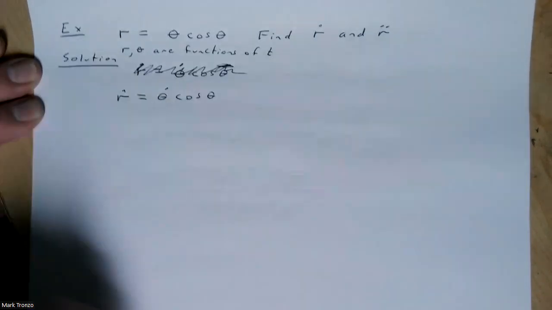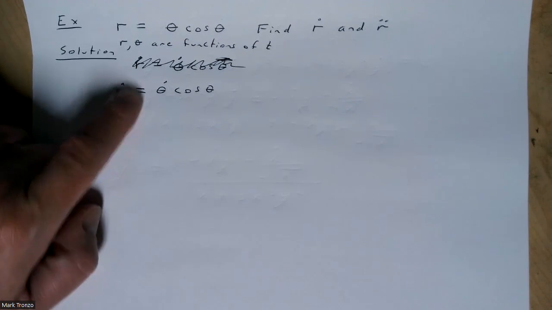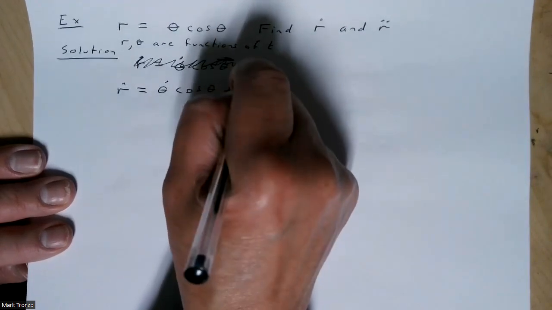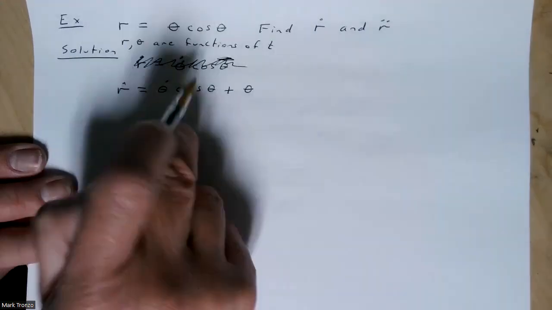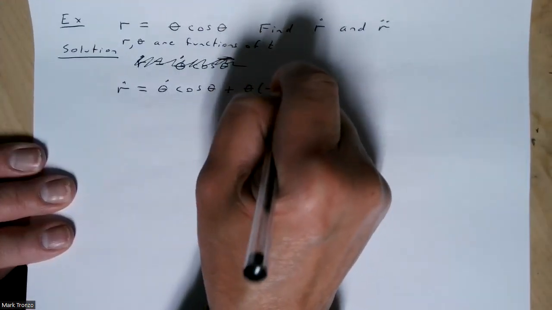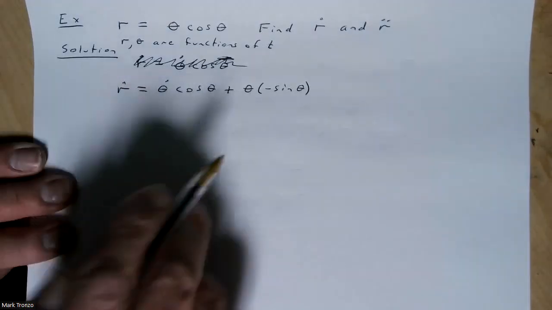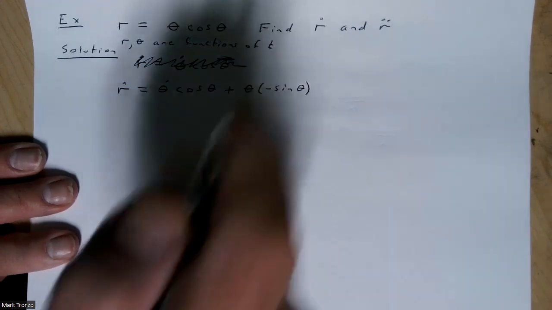And let's scratch that out. So r dot is going to be derivative of the first times the second plus the first times the derivative of the second. Remember, the derivative is going to be a negative sign. And then we have to use the chain rule. So we have to take the derivative of this. Again, it's a function of t. We don't know what that function is.